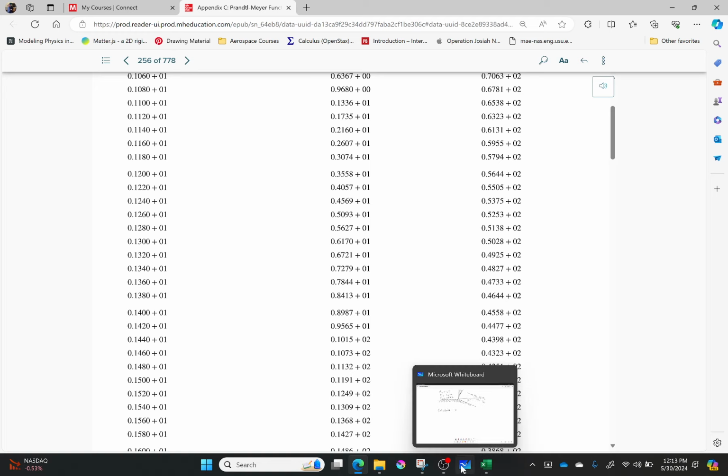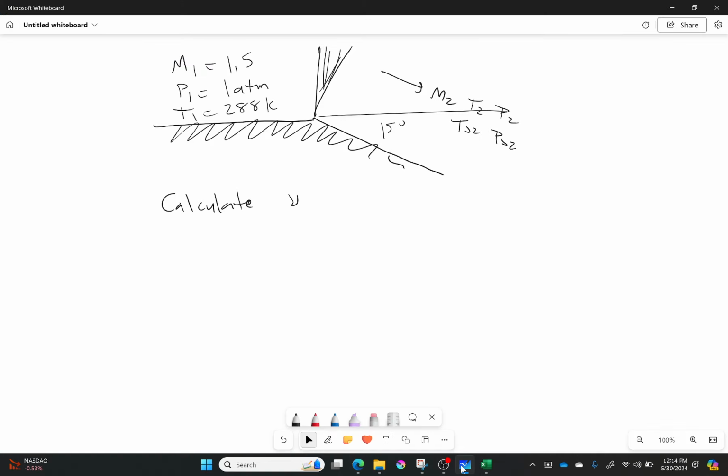This is also the point where you should probably be asking, well, what is a Prandtl-Meyer function? Good question. Just don't ask that. It has degrees. We can add the angles to it, but it is under no circumstances the same as the Mach angle. Like this is mu1. That is mu2. Okay?